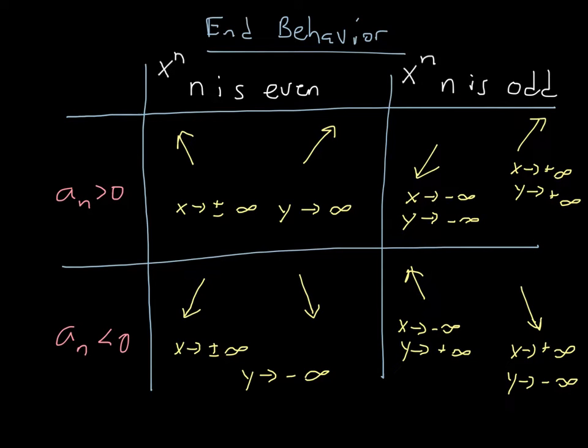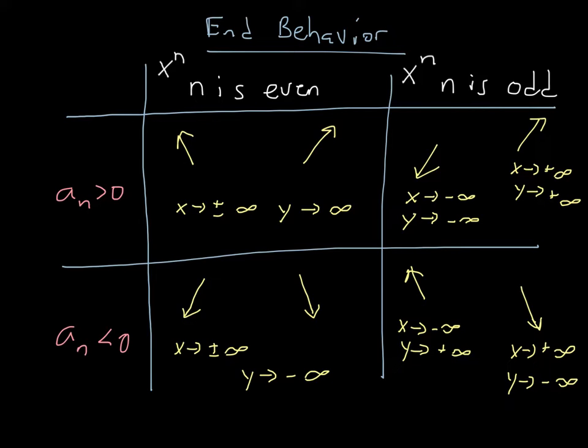Over on the left side, in the first row a sub n is greater than 0, so it's positive, and in the second row a sub n is negative. This first piece tells me the behavior when the leading coefficient, a sub n, is positive and the degree of the term is some even integer.